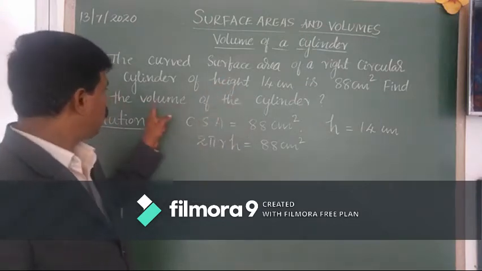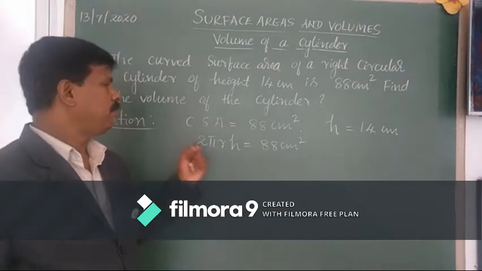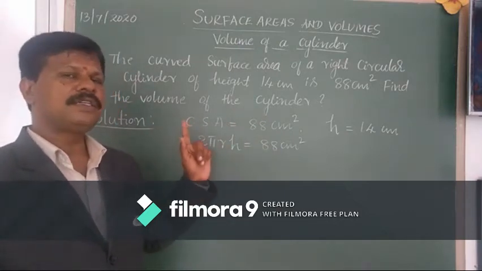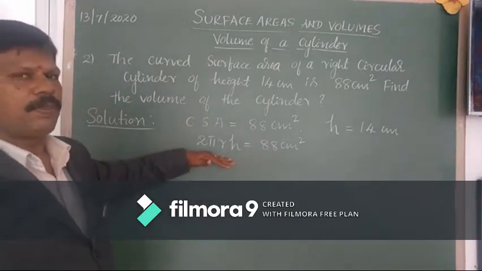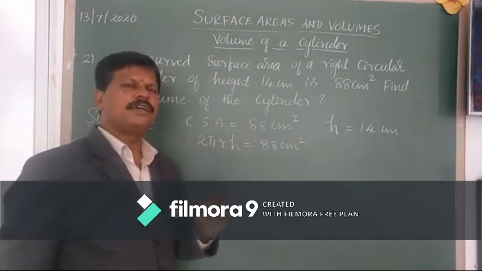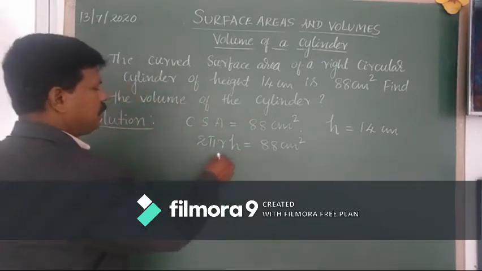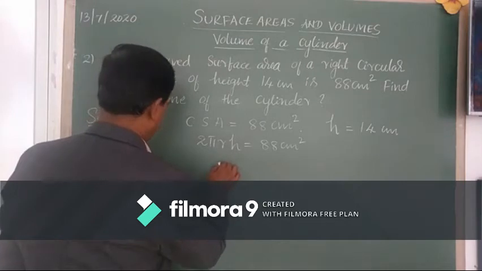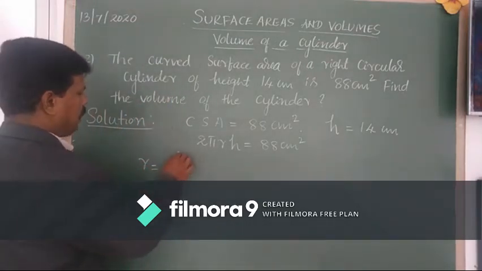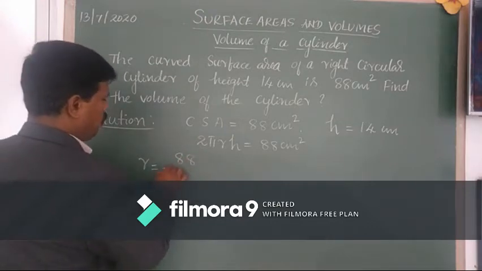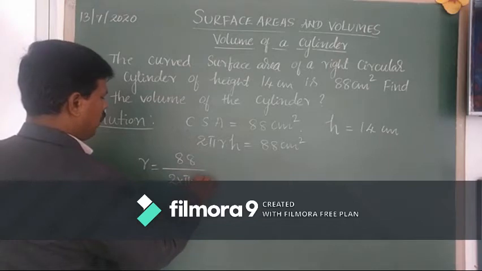Now to find the volume of a cylinder, what do we need? We want the radius of the circular base, right? It is not given. First, our work is to find out the radius. For that, use this one and take r. So r equals 88 whole divided by 2 into pi into h.